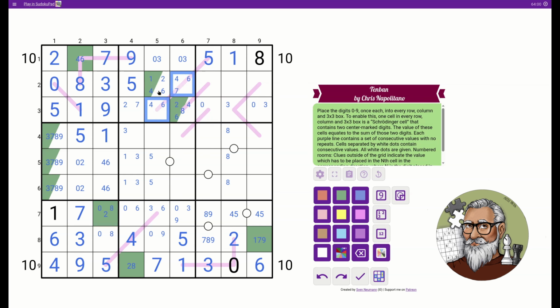Right, there's definitely a 6 there, so there is no 6 here. Right. Maybe we're getting somewhere. There's definitely a 6 here.